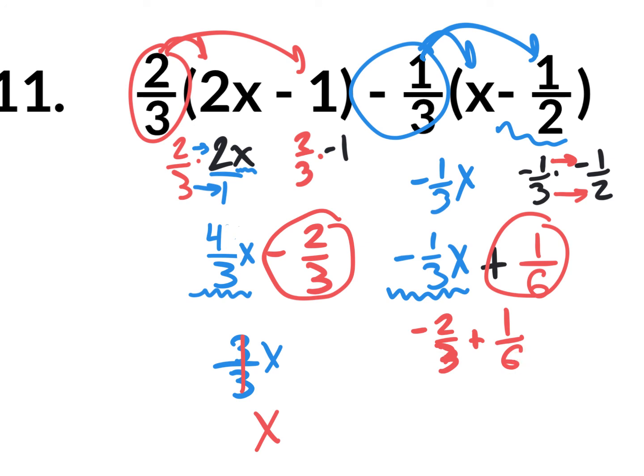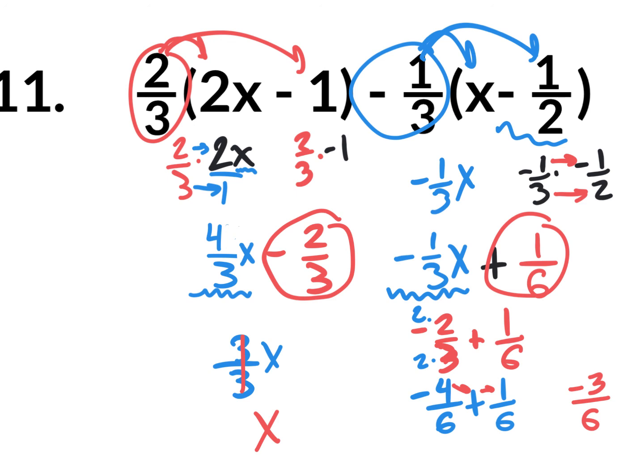Could you change 3 to become 6? The answer is yes. All I need to do is multiply it by 2 and multiply the top by 2, and I'll be ready to go. So that'll give me a negative 4/6 plus 1/6. And now that I have a common denominator, I could combine the top with the top. Negative 4 plus 1 is negative 3, and it is over 6.